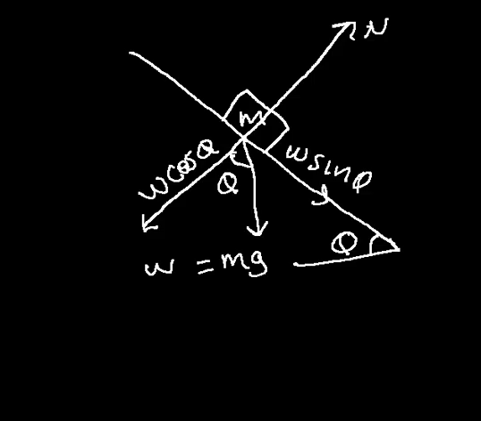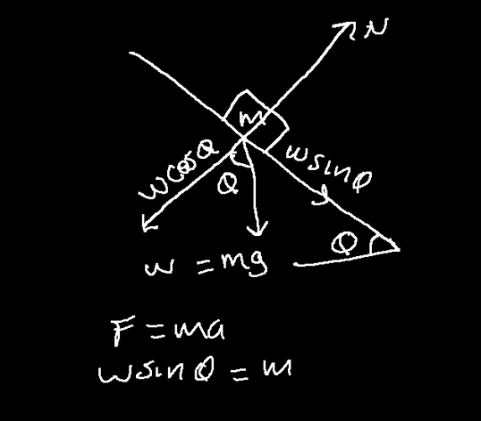The only force acting in the direction of the motion is this component of the force. And therefore, according to Newton's second law of motion, force is equal to mass times acceleration. What is that force? We have it as the weight times sine theta, which is equal to mass times acceleration.